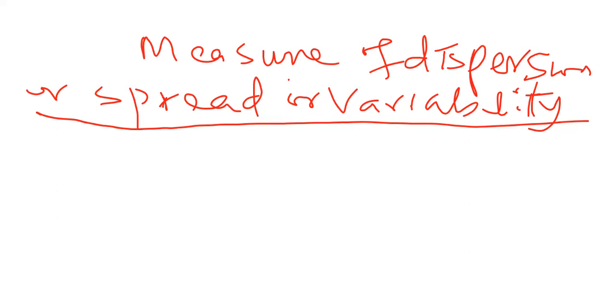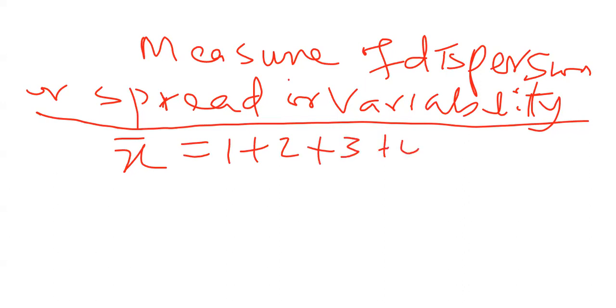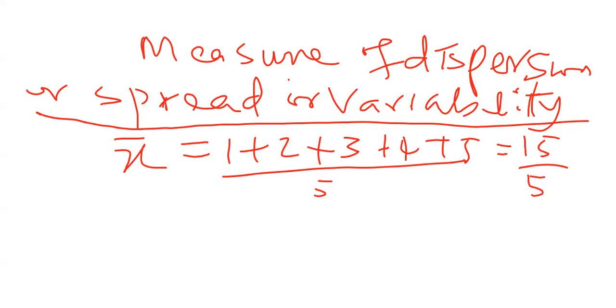The first thing to do is to find mean, which is 1 plus 2 plus 3 plus 4 plus 5, divide by 5. Result 15 over 5. Our mean, which is the actual mean here, is 3. Is it clear? Yes.